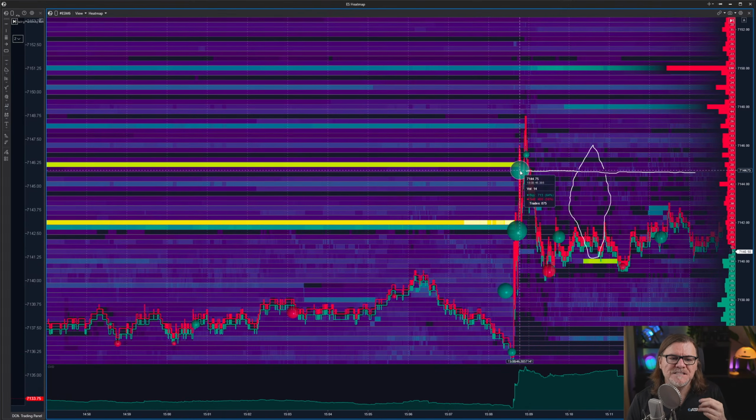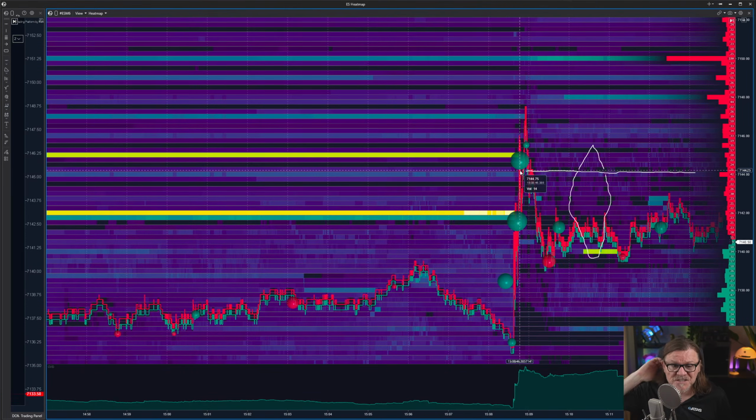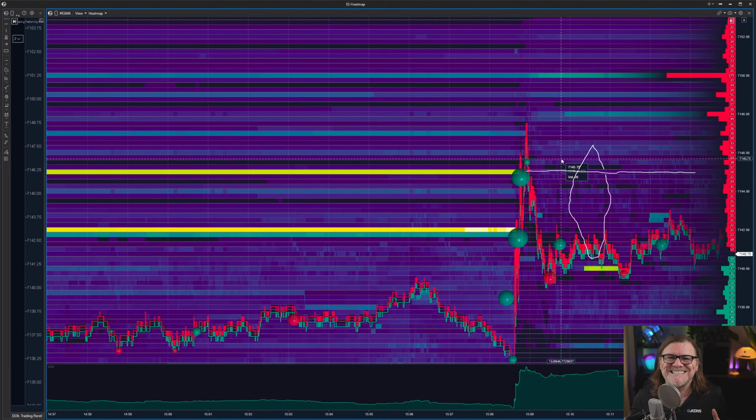So the bubble is blue because it represents the right side of the footprint, but it's in fact waiting limit sell order, where the buys, it is okay that it's green and that it's saying buy, because it's saying what the retail did, what the aggressive traders did.